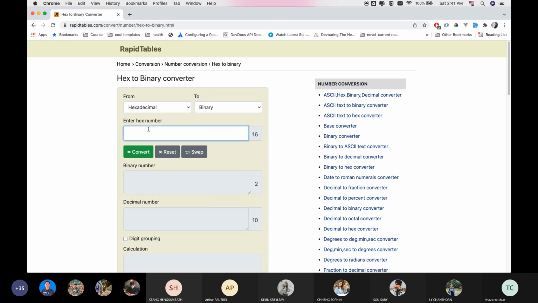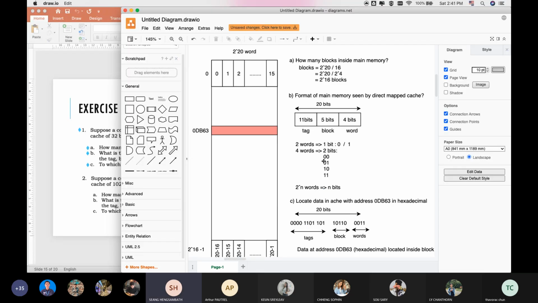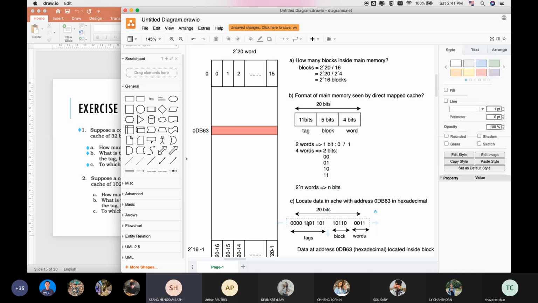See, and then you input 0DB63, like I told you before. Click convert here, and then here is the binary. All right. Copy it. Come in here, like I did before. And then I need to add 0 in front to make sure that in total you have 20 bits. You need to make sure you have 20 bits. Okay? Got it, teacher. Thank you, teacher.